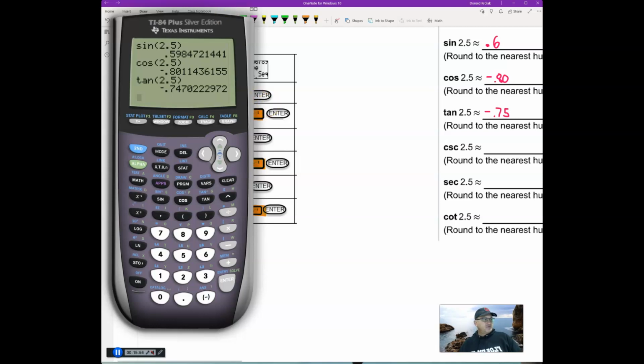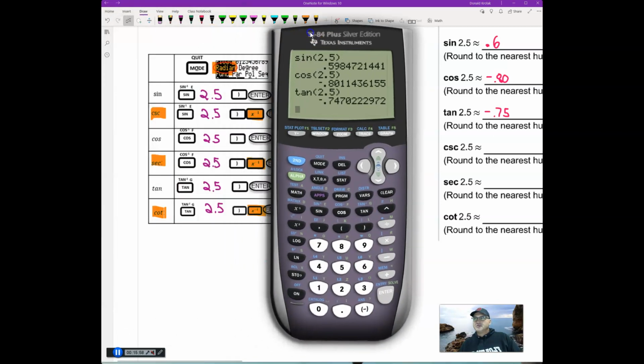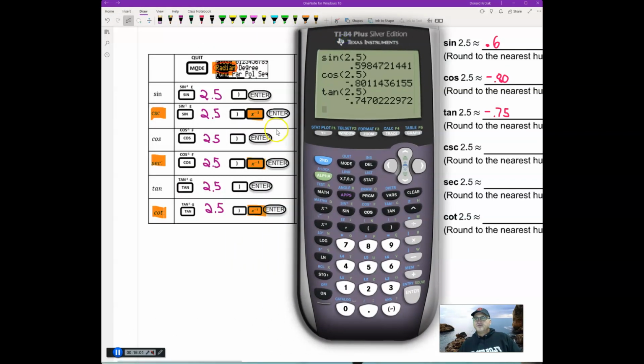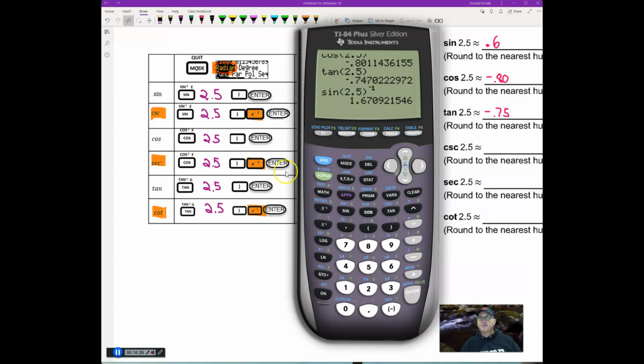All right, now my reciprocals, I'm going to do the same way, except before I hit enter, I'm going to hit the reciprocal key, the x to the negative 1. So for my cosecant, I'm going to go sine 2.5, close the parentheses, now hit the reciprocal key, then hit enter. And that to the nearest hundredth would be 1.67.